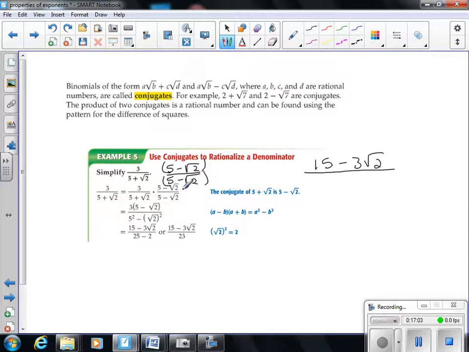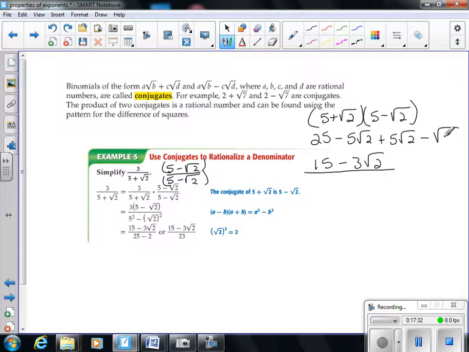Okay, and then on the bottom, let's work that one out. Now let's, off to the side, show what happens here. We haven't worked enough with FOIL to get this down, maybe where you know the shortcut. So we're going to prove to you what happens here. We get 25. That's the first, the outer, minus 5 times the square root of 2, inner, plus 5 times the square root of 2, and then I have minus the square root of 4.